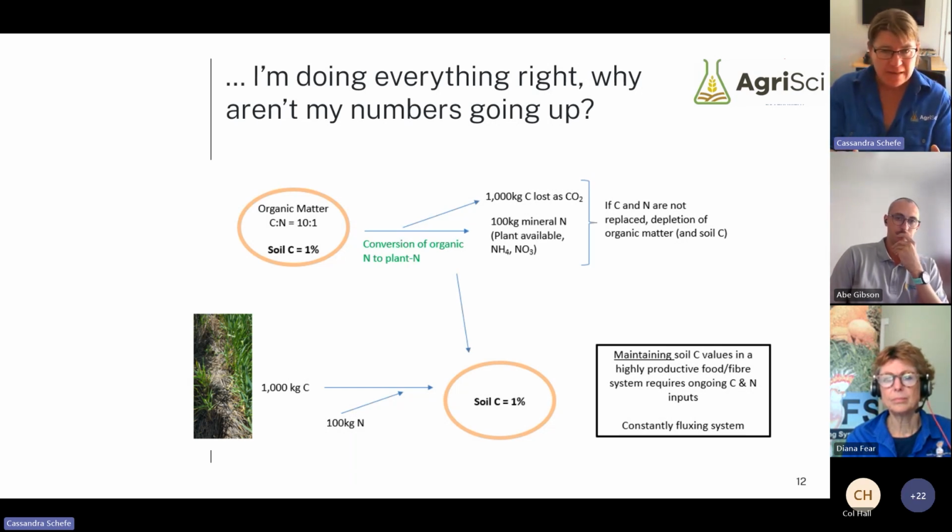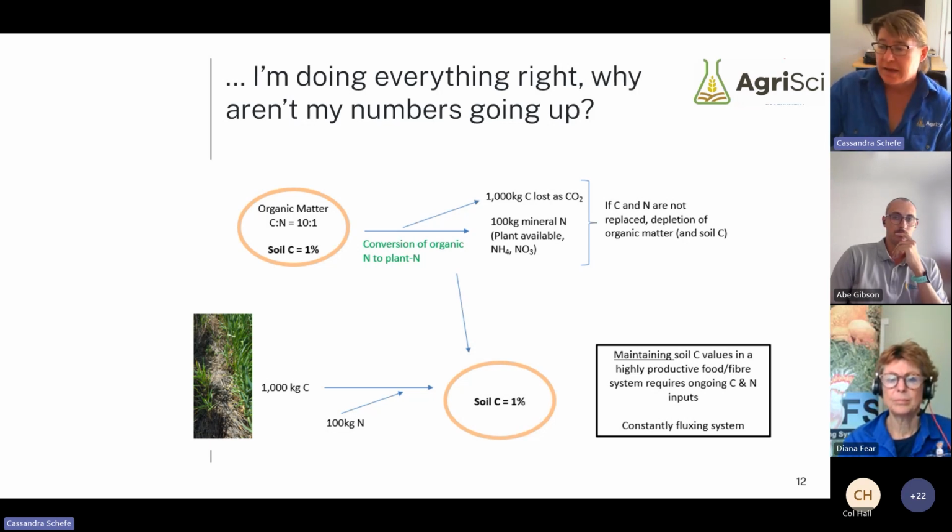If you've got 1% carbon now, and then over a season, and let's call it a cropping season to keep it simple, we know that we could pull out and mineralise up to 100 kilos of nitrogen over that time, which is then taken up by the plant, right? We talk about mineral N. That's quite doable, 100 kilos.